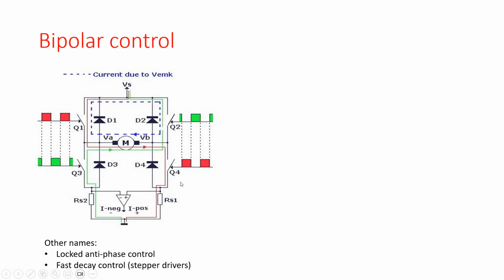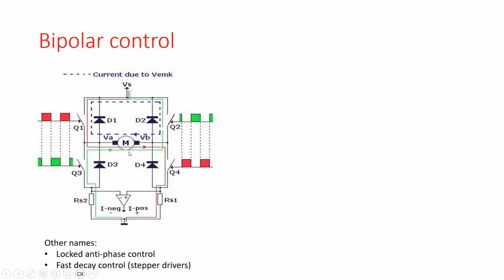When we have the negative part of the PWM signal, then the inverted PWM signal, which is put to Q2 and to Q3, has its positive value. So in that situation, Q2 is closed and Q3 is closed. But we have seen that the current was flowing in the direction of the red arrow. Due to the inductance of the motor, the current will keep on flowing in that direction.